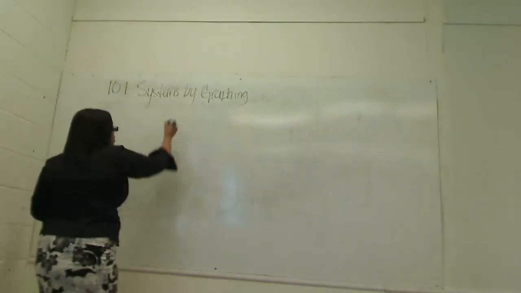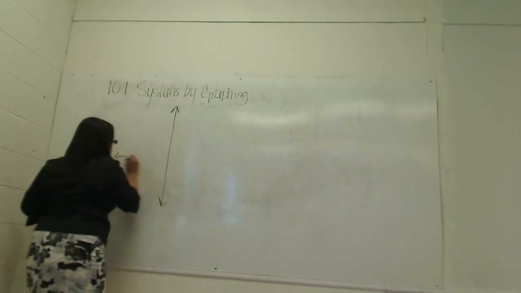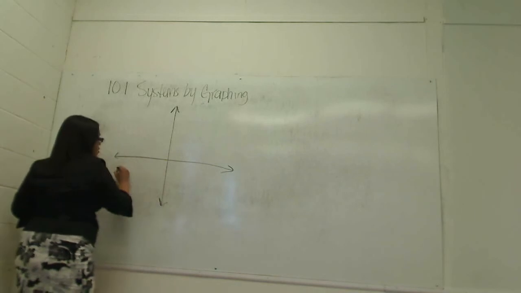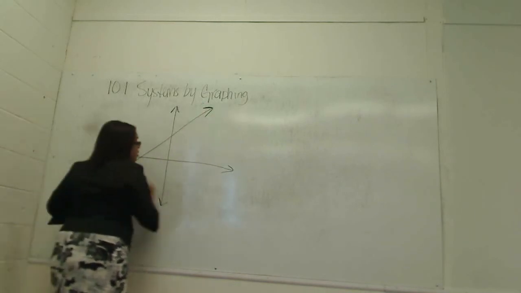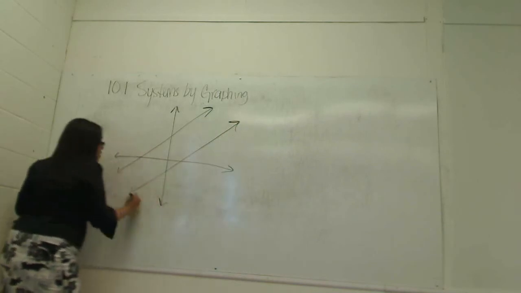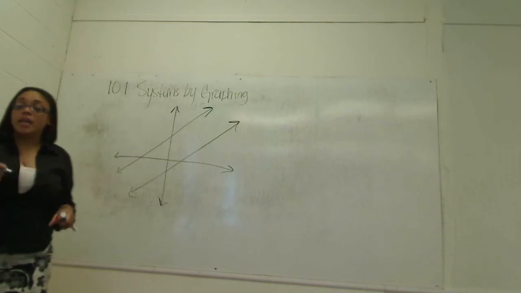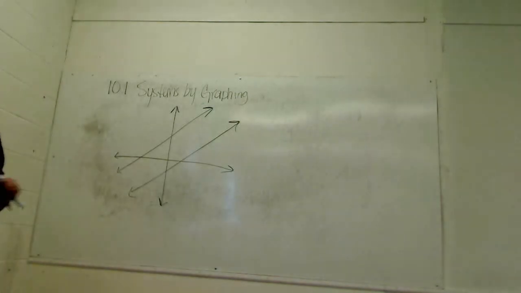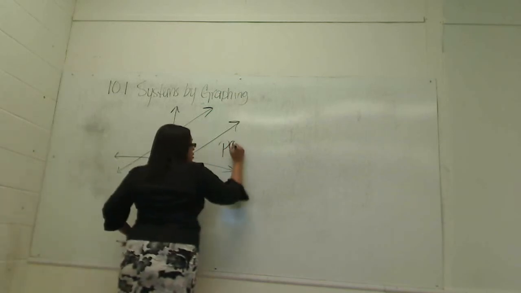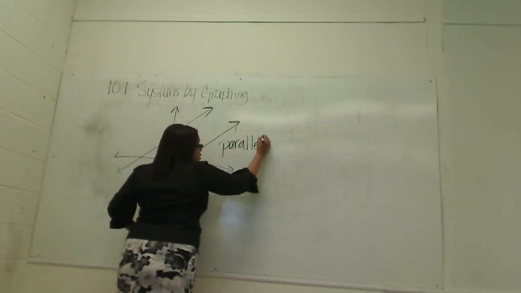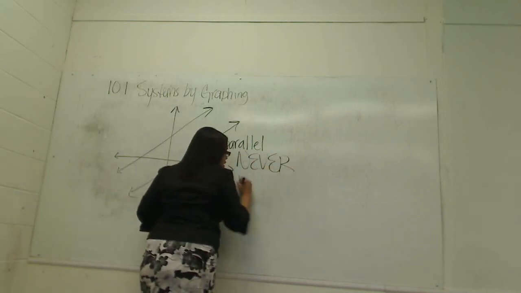Then you'll get situations like this sometimes. We have to graph. That's a line, and maybe this is a line. When you are given two parallel lines like this, parallel by definition lets me know they will never intersect.